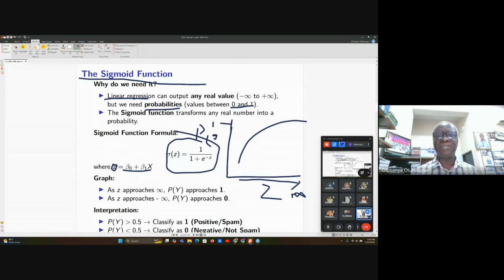But as Z is moving towards negative infinity on this side, then the probability is getting close to 0. This is where you have 0. So this kind of plot is the sigmoid function.